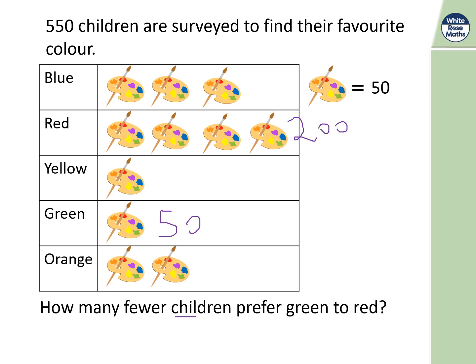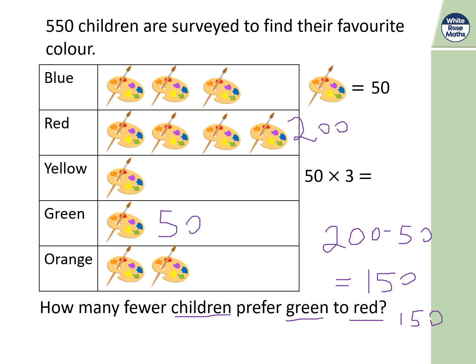So how many fewer children prefer green to red? Work out the difference between 50 and 200. It's going to be 150. So the answer to that is 150.